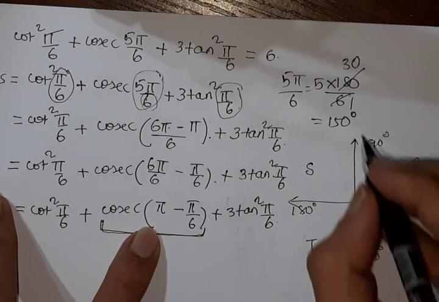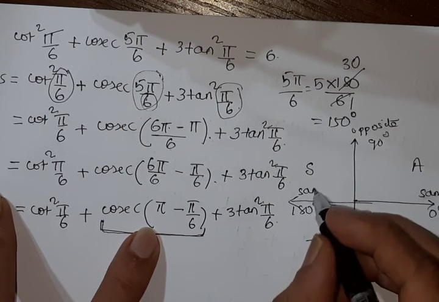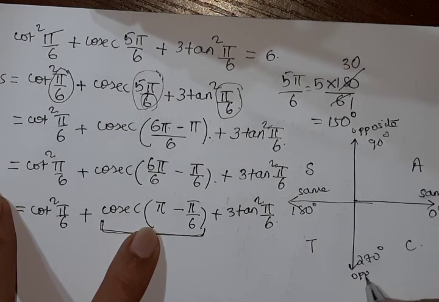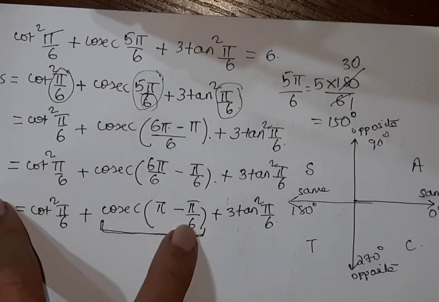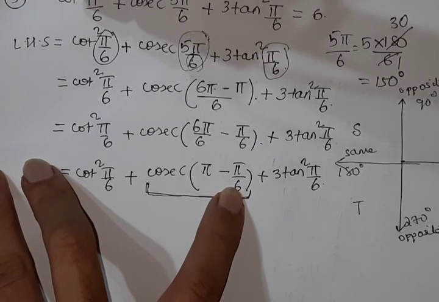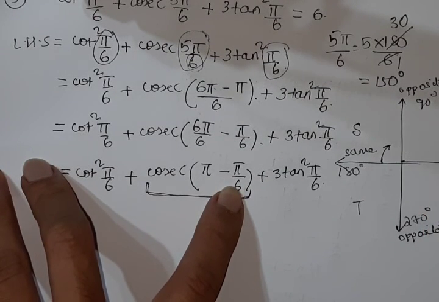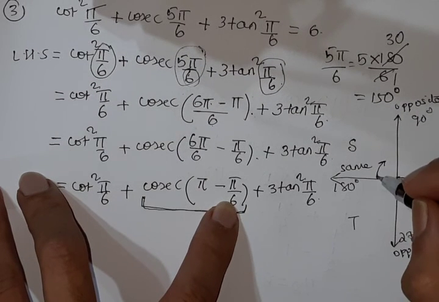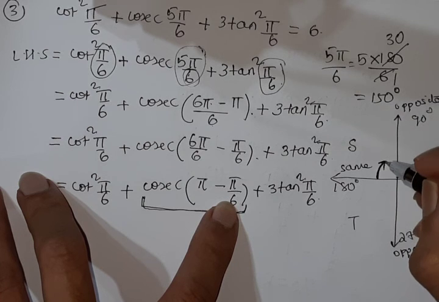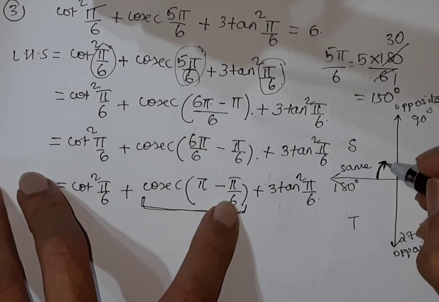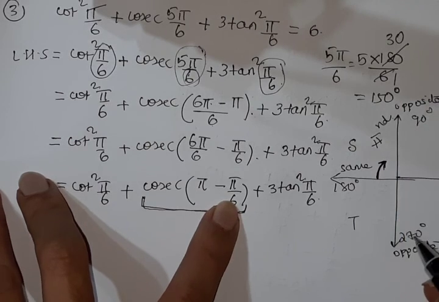Here we have to write same, here it is opposite, here it is same, and here it is opposite. Now 180 minus pi by 6 you have to go. So 180 minus means here in the second quadrant. Minus means in the clockwise direction. So 180 minus theta, that means in this direction. So where are you going? In the second quadrant.